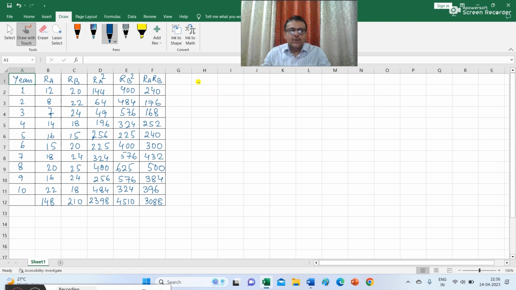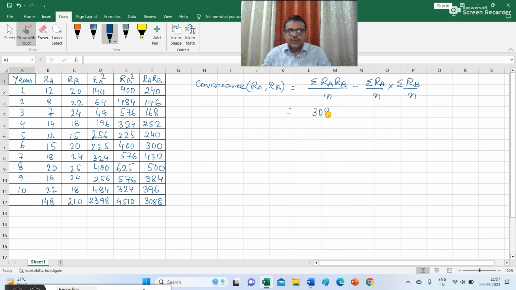Now you need to find out the covariance of RA and RB. So what is the formula to find the covariance? The sum total of RA RB divided by N, that is the number of years of observation, minus sum total of RA by N multiplied with sum total of RB by N. So you just put the values that we have already calculated.